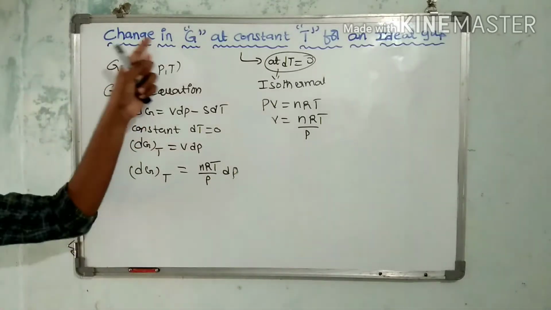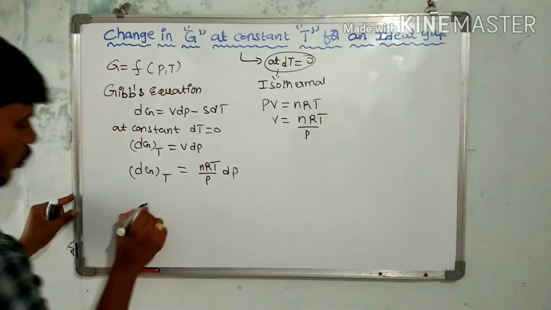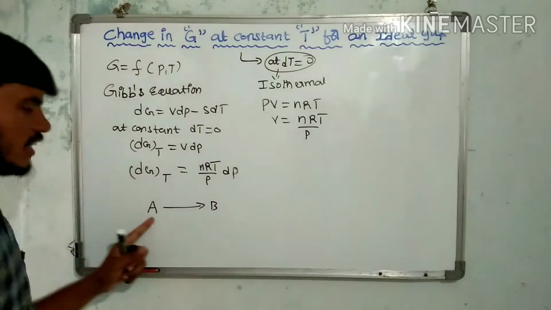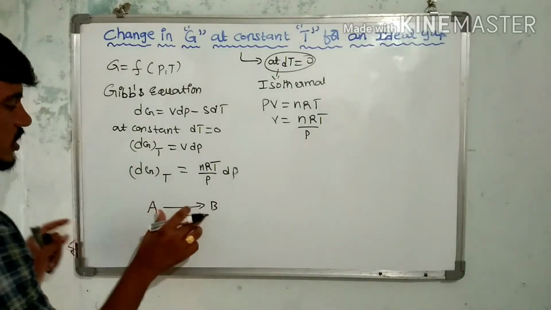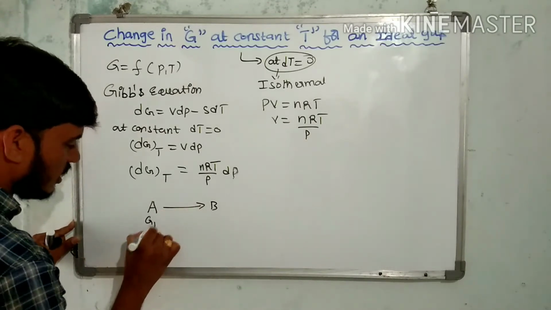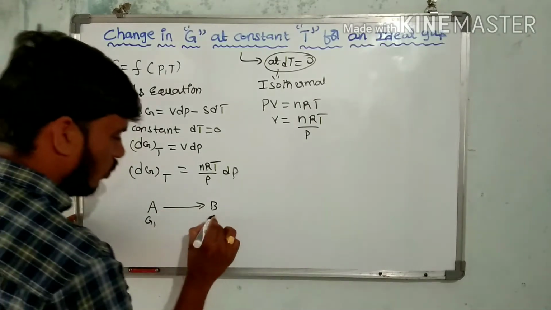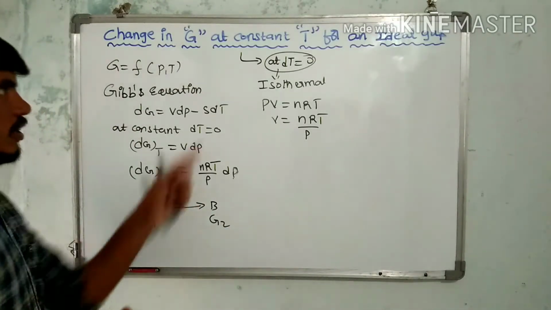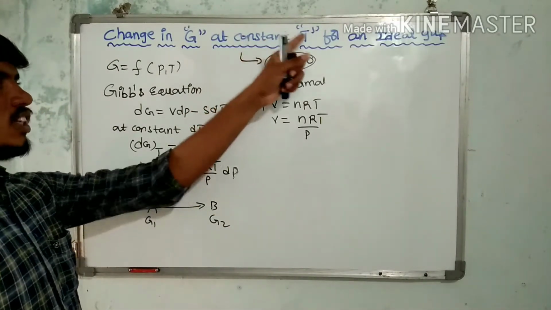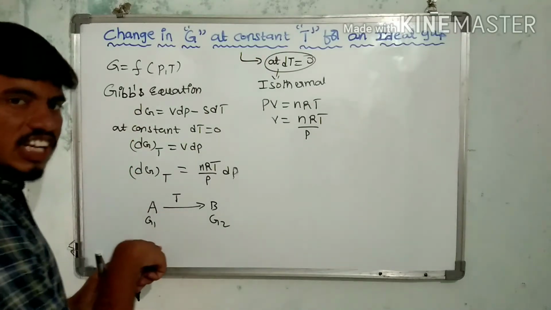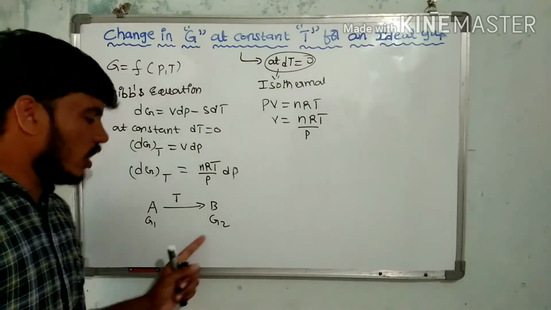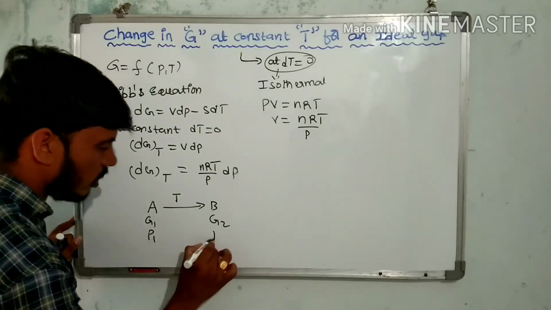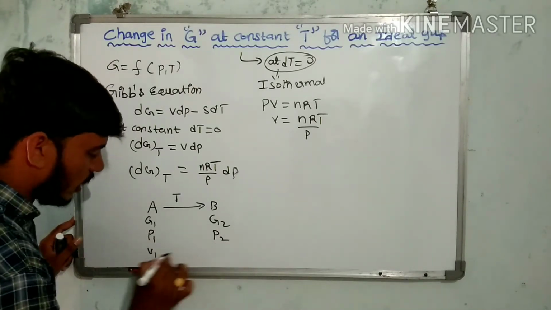Now, the change in Gibbs free energy. We consider a system going from A to B. This system has an initial Gibbs free energy G1 and a final Gibbs free energy G2, at constant temperature, with initial pressure P1 and final pressure P2, and volumes V1 and V2.